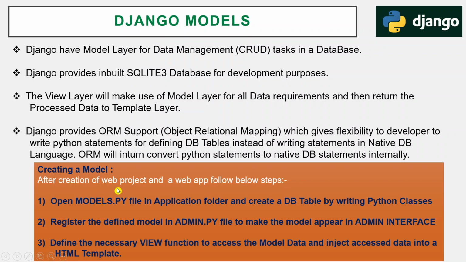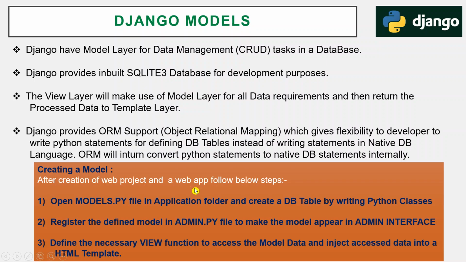So after creating our web project with django-admin startproject and the project name, the basic project file structure will be created, and then we will create one web application. Whatever name you want, you can create the application with that name, and by creating the application, all the files needed for that application will be created automatically for you.